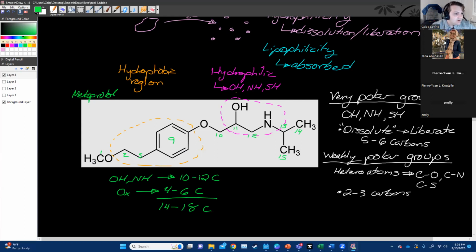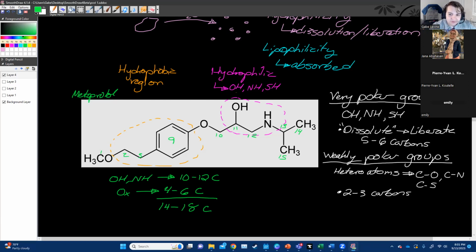So, first question first. Will this drug dissolve? Will it go from the tablet and dissolve into the stomach acid or intestinal acid? Yes. How do we know that? Because we have OH and NH groups.